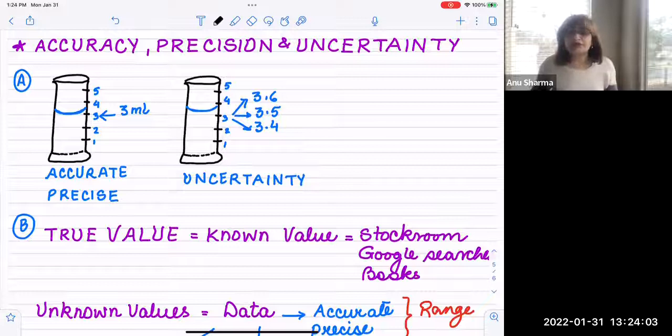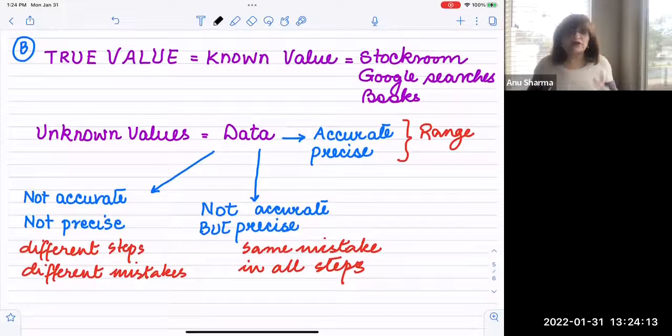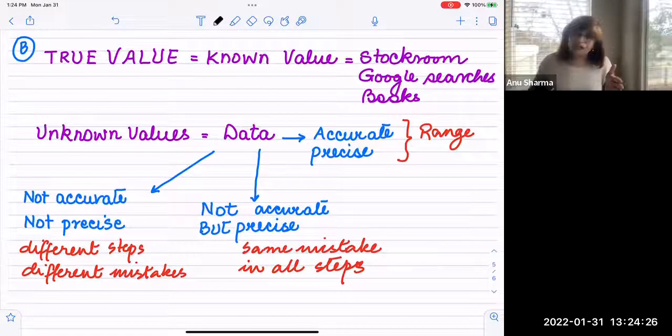Now you're working with an unknown sample and you're trying to determine its value, and you're gathering data. When you gather data, you follow some steps in an experiment, and you also do a first trial, second trial, third trial, and so forth. You finish all the steps of the first trial and you get a certain number.